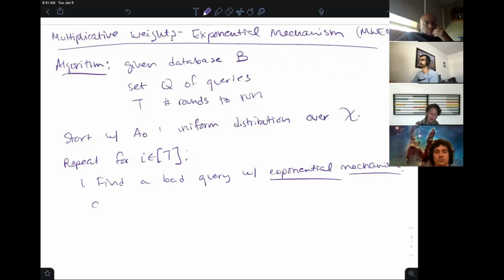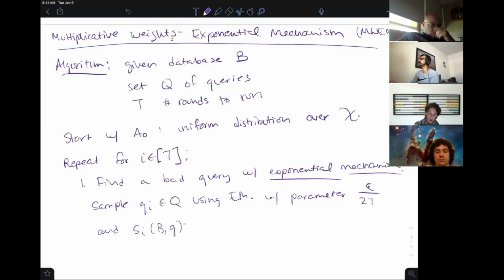So I sample some query from the space of queries that we're interested in using the exponential mechanism with a parameter of epsilon over 2t, and a quality score that basically says how badly does my candidate data do on that query compared with the true database.